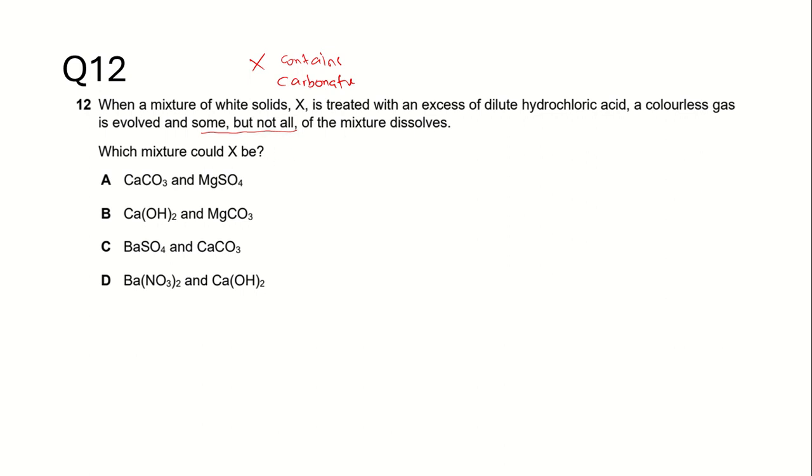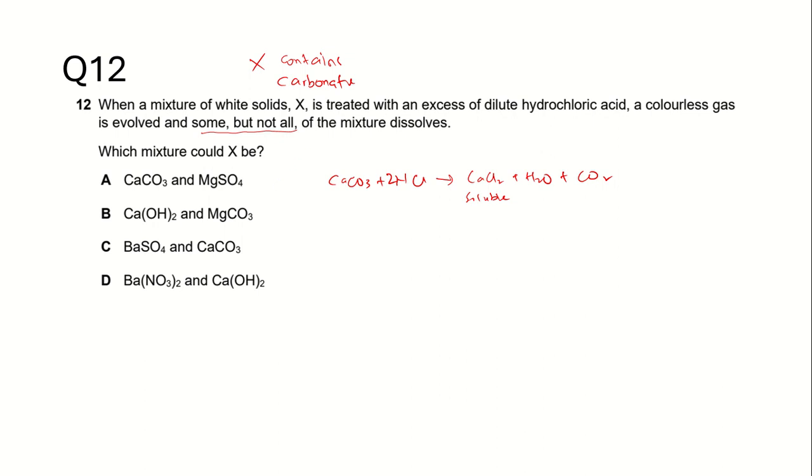So let's look at A. Calcium carbonate will react with acid and dissolve in acid. So CaCO3, if I add HCl, it will form CaCl2, H2O, and also CO2. CaCl2 is soluble in water, so you won't see CaCl2 as undissolved solid.